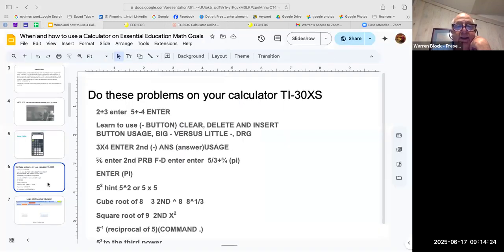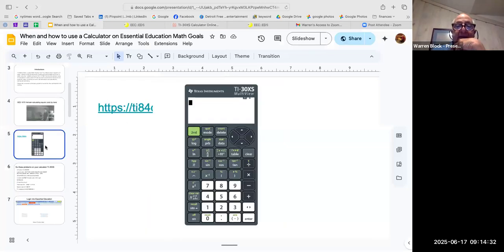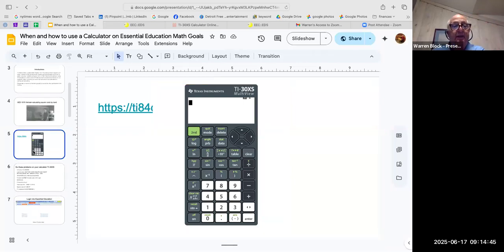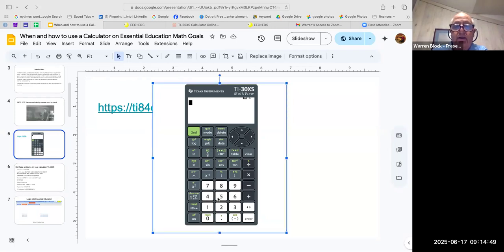So let's try deleting and inserting some stuff on the calculator. Go back to the calculator and put in 5 plus 4 again. If you still have it, that's good. Oh, that's not my calculator. Here we go.